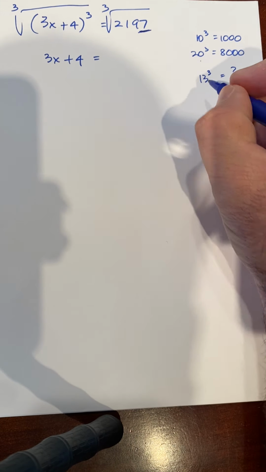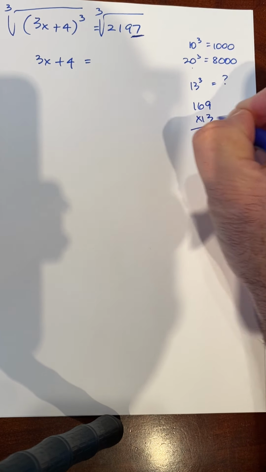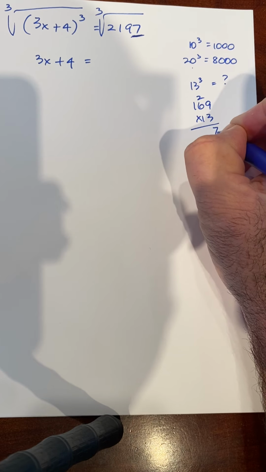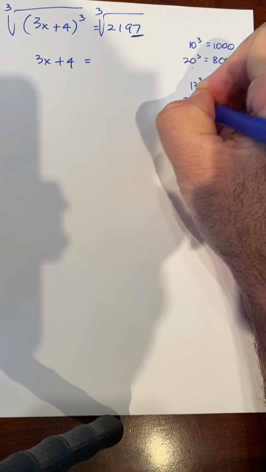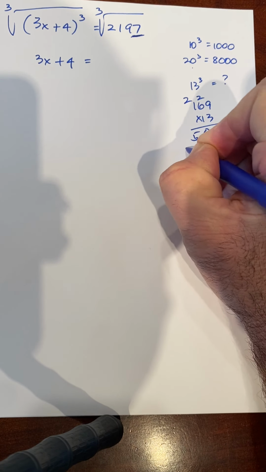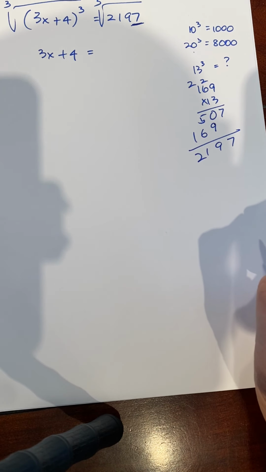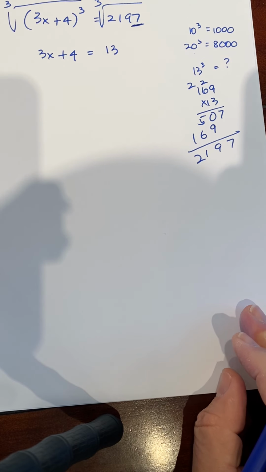So now 13 squared is 169 times 13. 7, 2, and that's the number I keyed on, right? The 7. 18 plus 2 is 20. 5, and then 9, 6, 1, 7, 9, 2197. It checks. So this number here is 13.